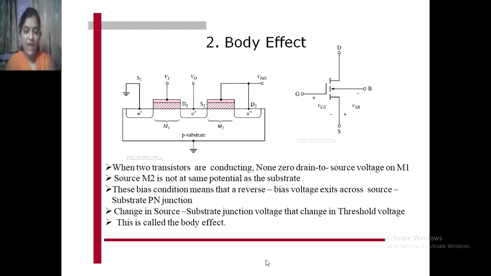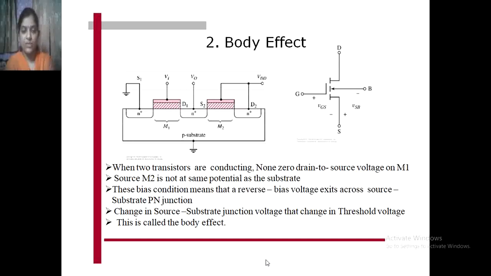This bias condition means that a reverse bias voltage exists across the source substrate PN junction. A change in the source substrate junction voltage changes the threshold voltage, and this is called the body effect. So what is the body effect?